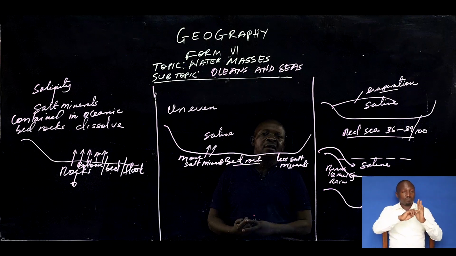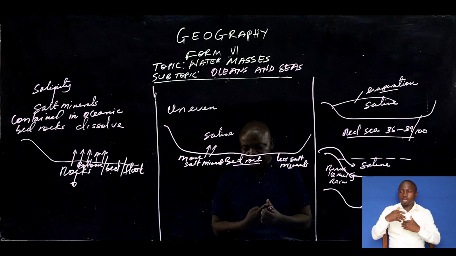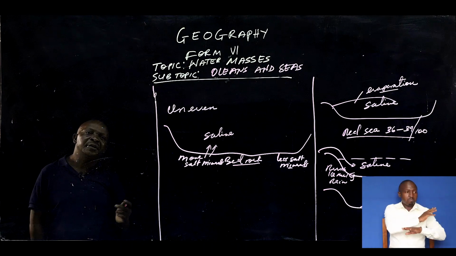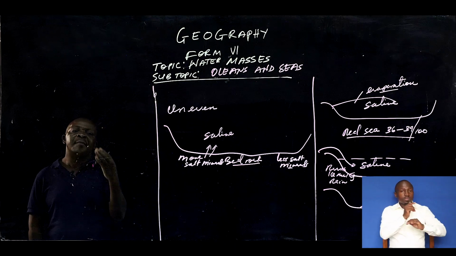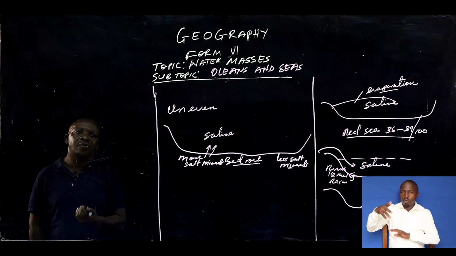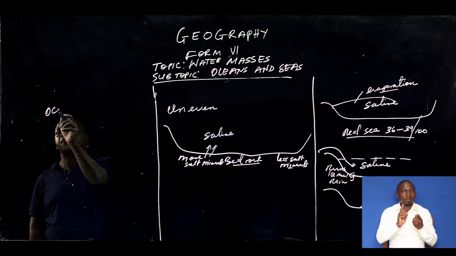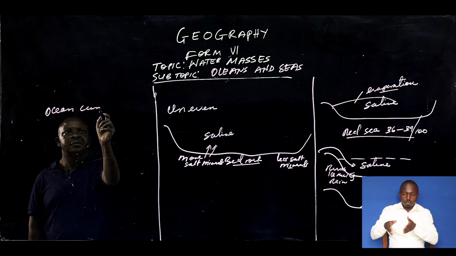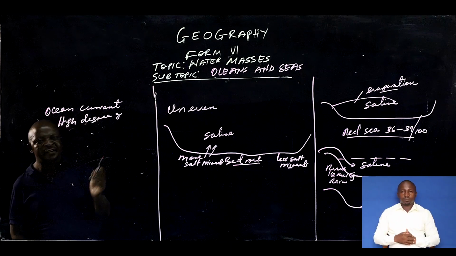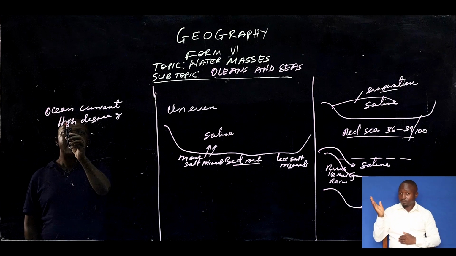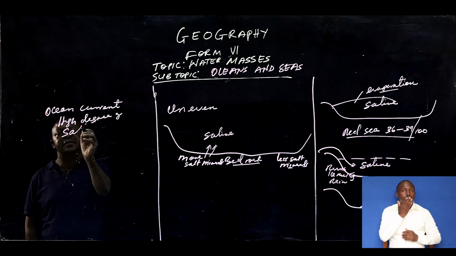Another factor is the mixing of oceanic water. We have seen in the oceanic basin, water masses move to form what is commonly known as an ocean current. The water of the current may have a high degree of salinity.